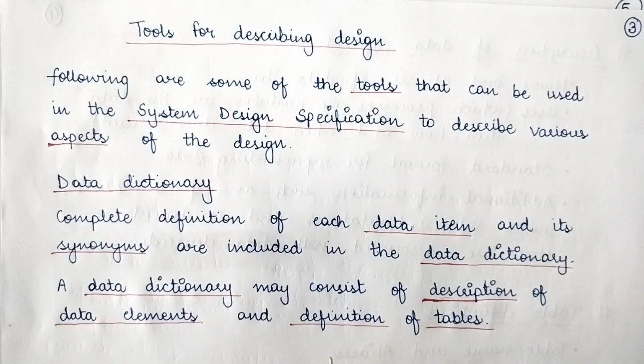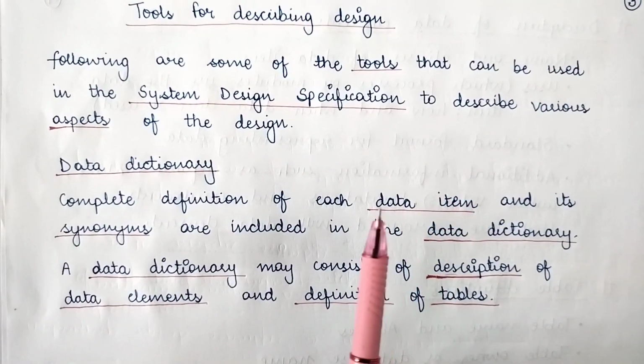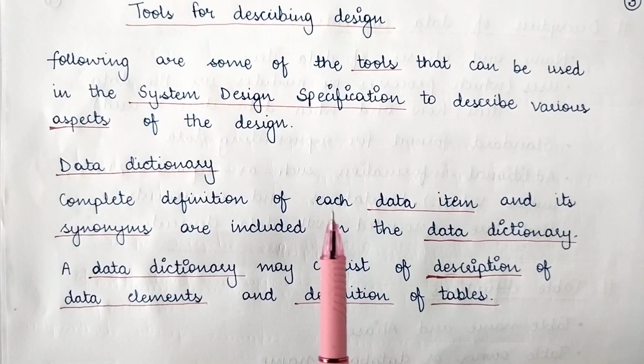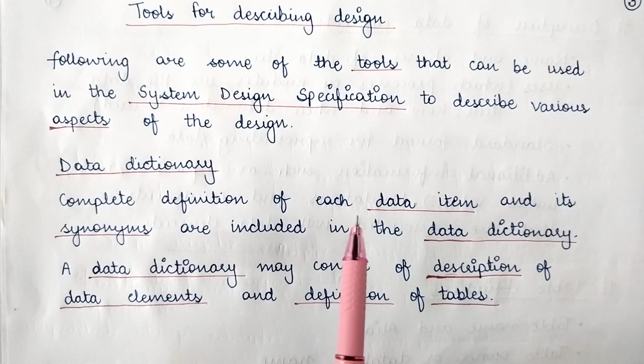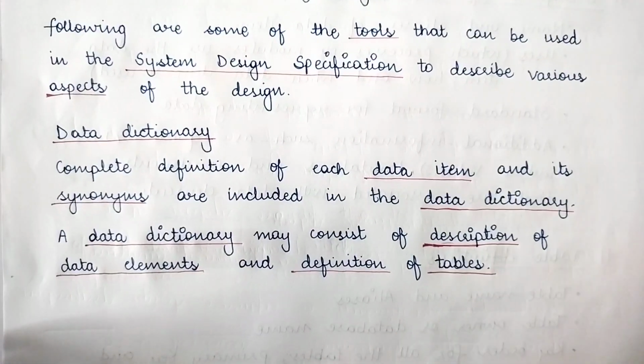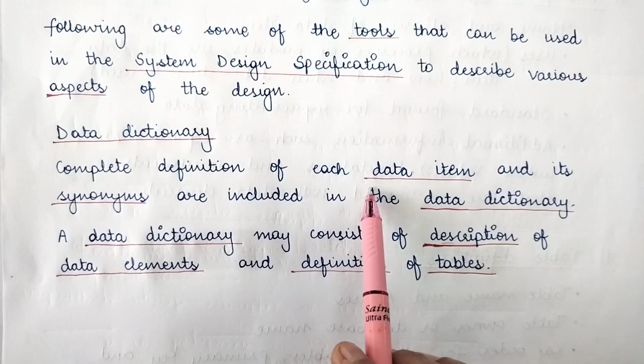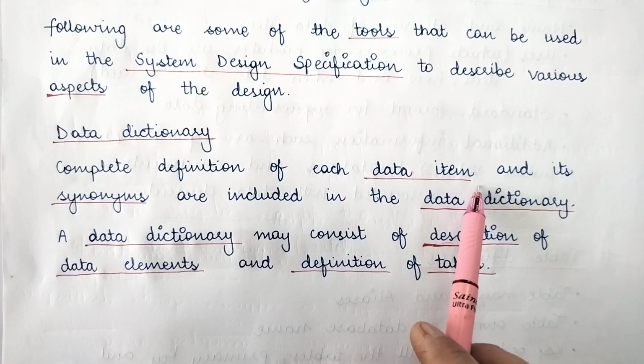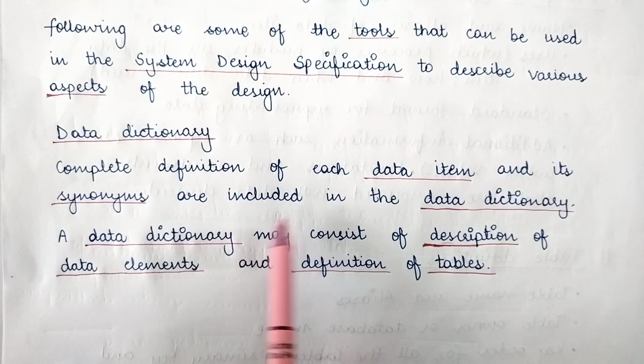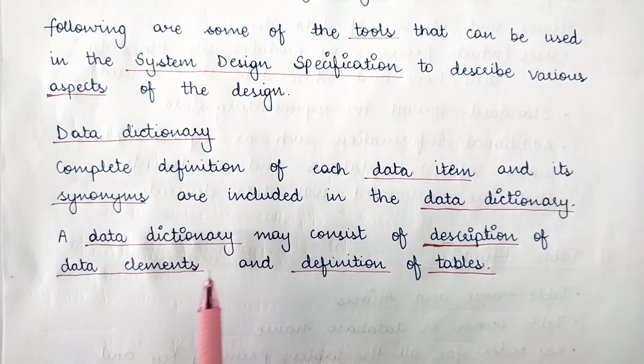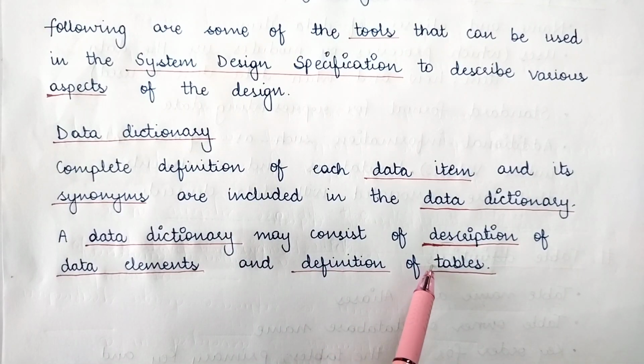Now if you have studied DBMS or database management systems, you must know what a data dictionary is. This is a very important tool for giving the system design specifications. In a data dictionary, the complete definition of each data item and its synonyms are included. A data dictionary may consist of descriptions of data elements and definitions of tables.